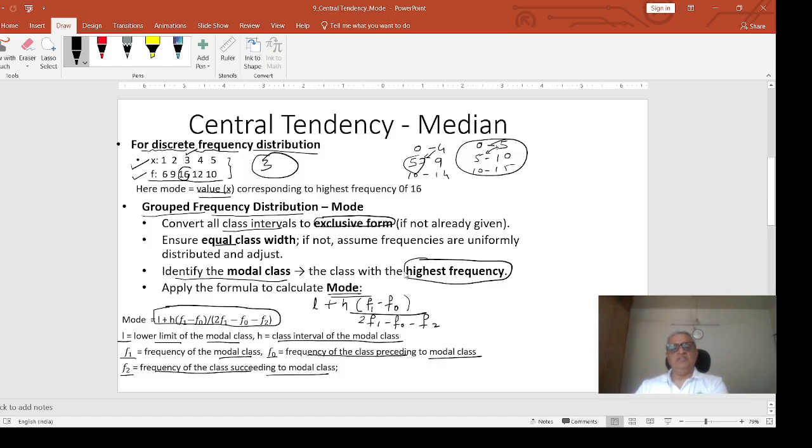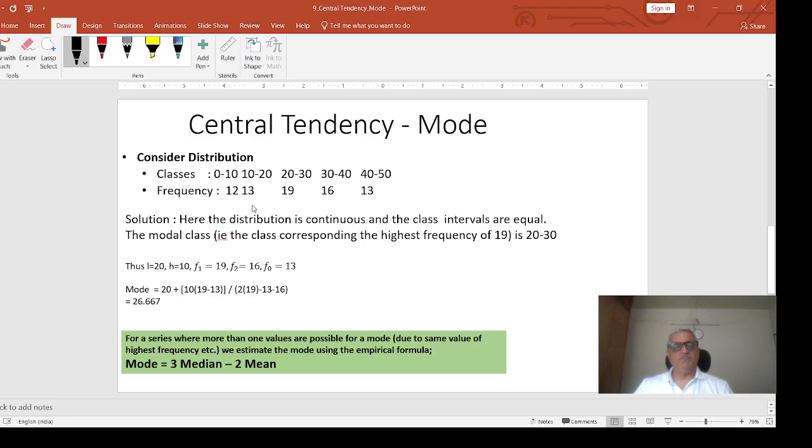To understand this, we have an example on the next slide. Let's quickly go through it. These are my classes, and needless to say, they are of the exclusive type, so I don't have to do anything: 0 to 10, 10 to 20, 20 to 30, and so on. I have 12 data elements in the class 0 to 10, 13 elements in the class 10 to 20, and so on.